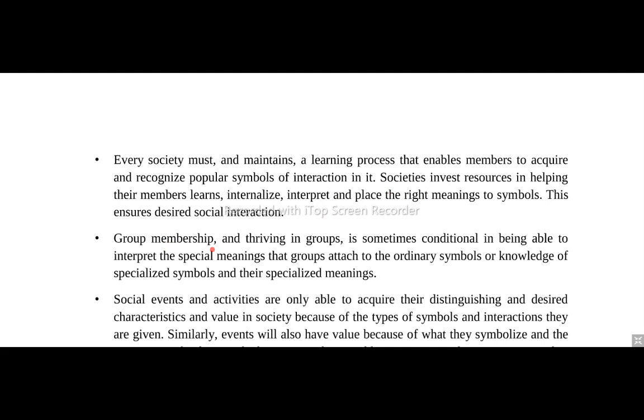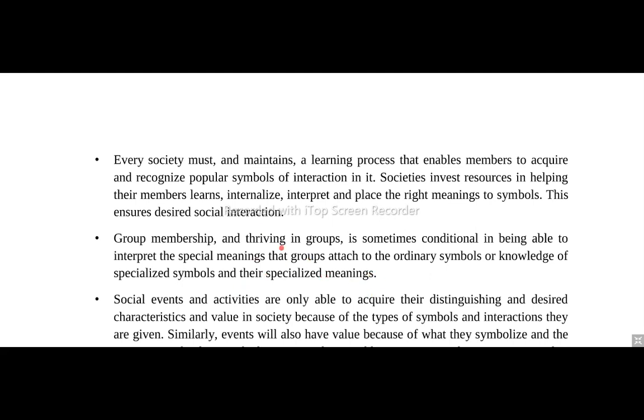Group membership and thriving in groups is sometimes conditional on being able to interpret the special meaning that groups attach to the ordinary symbols, or knowledge of specialized symbols and their specialized meaning.